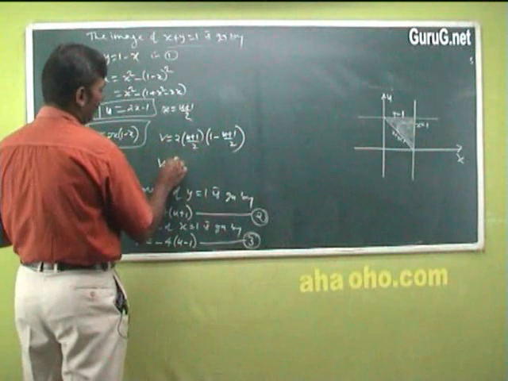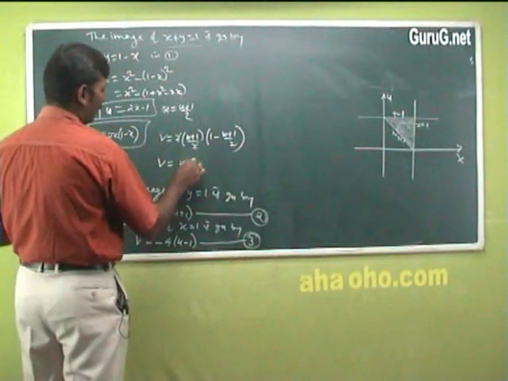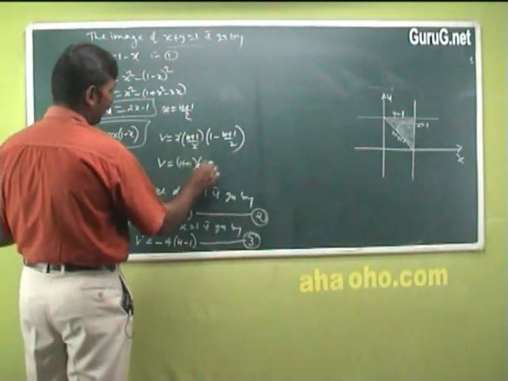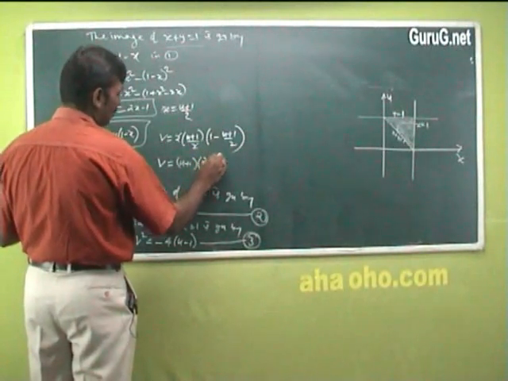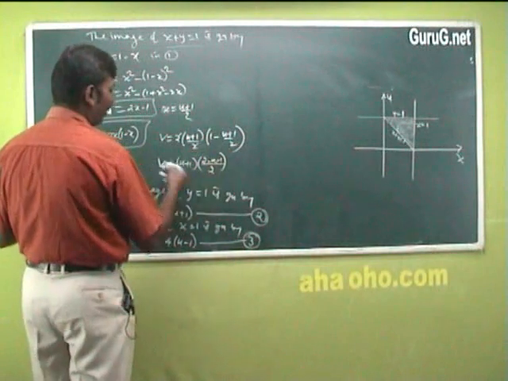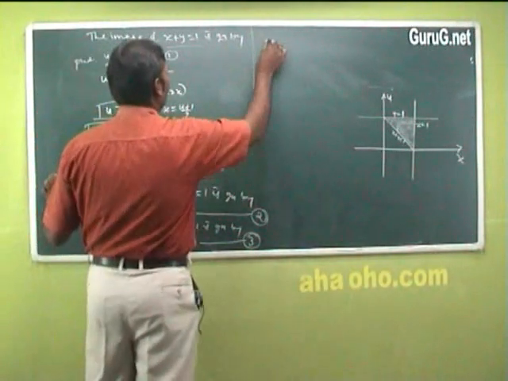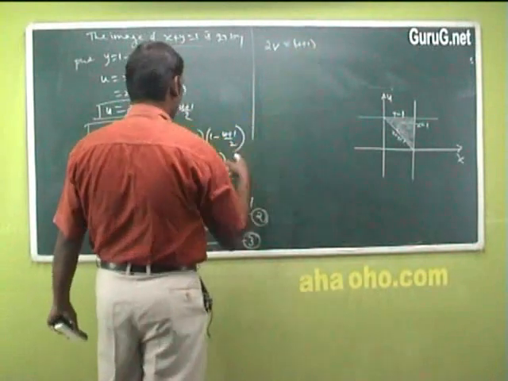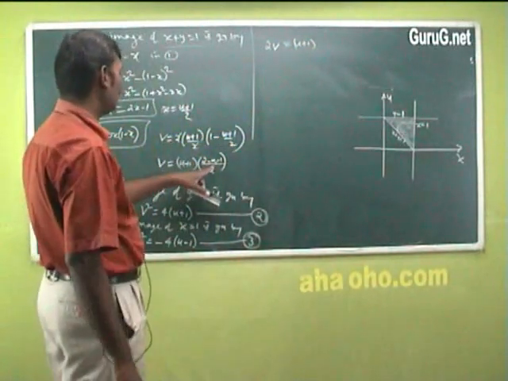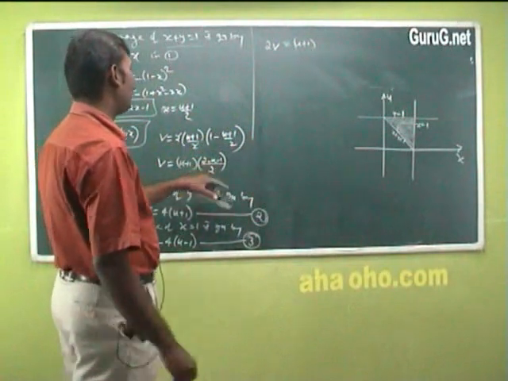Now take the LCM: v equal to u plus 1 into 2 minus u minus 1, so 2v equal to u plus 1 into 1 minus u.